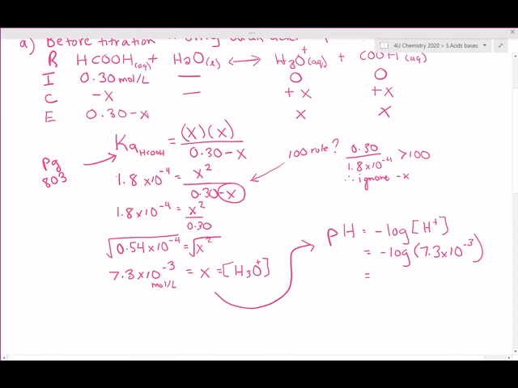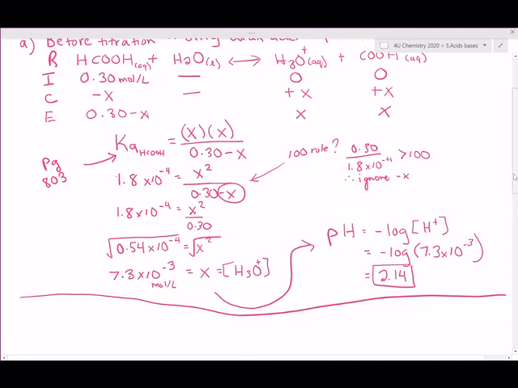So it'll come up negative 2.14 I should say, but then you realize that you ignored that negative sign. So 2.14. And that is actually obeying our significant digits because our concentration had 2 significant digits, so our pH usually has 2 decimal places. Okay, so that is before the titration, which is a very reasonable answer because it is an acid, so it should have a pH in the acidic range.